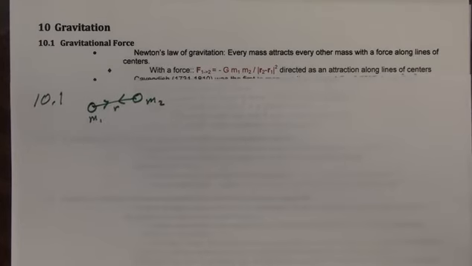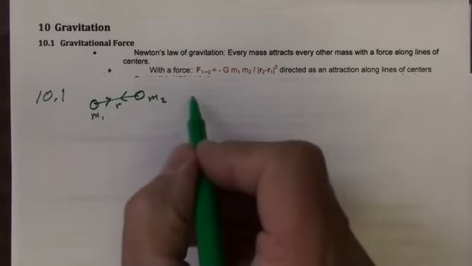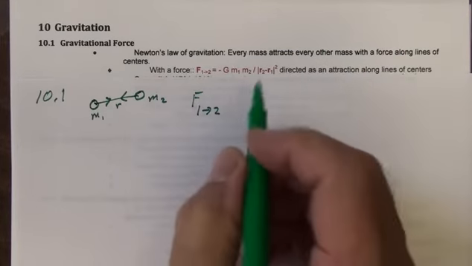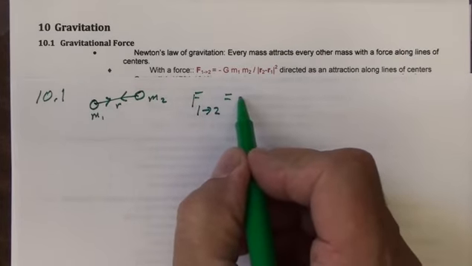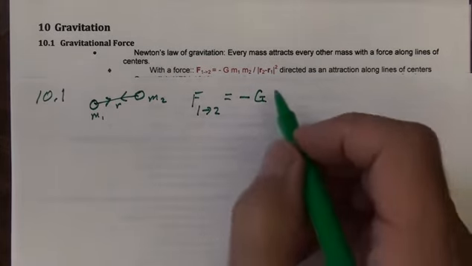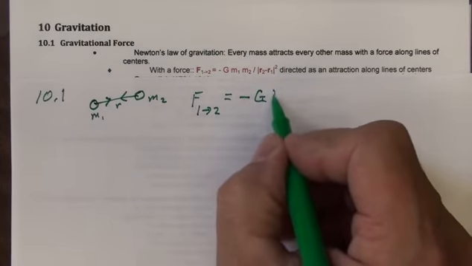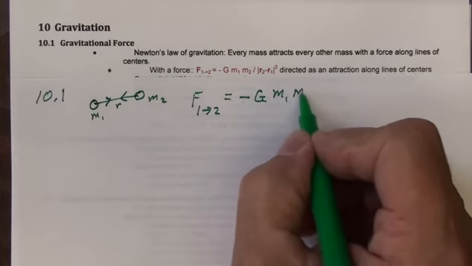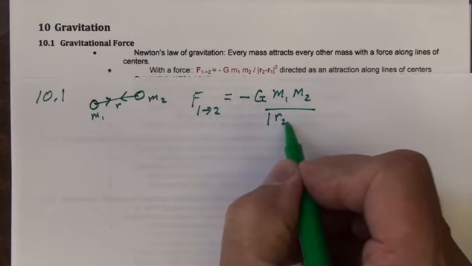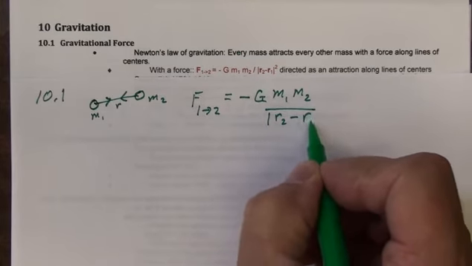The form that this force takes is that the force that object 1 exerts on object 2 is equal to the negative of the universal gravitational constant, we'll talk about in just a minute, times the first mass times the second, divided by the distance between them squared, r2 minus r1.